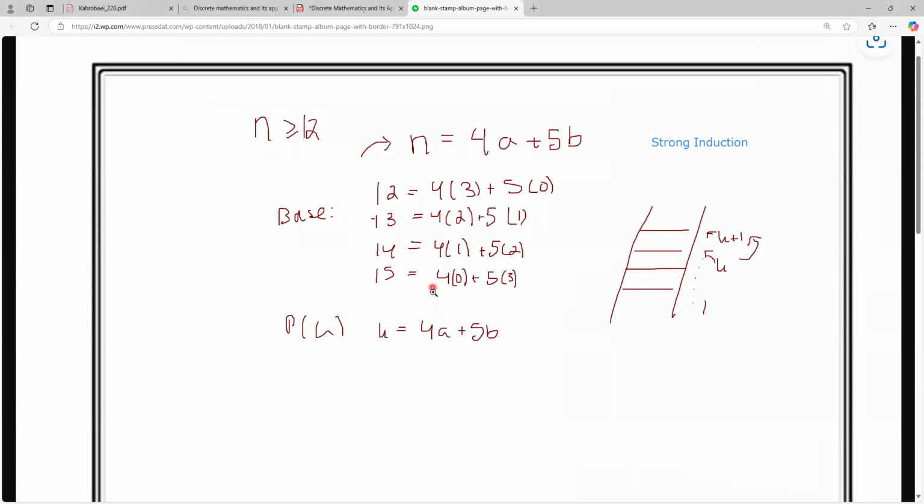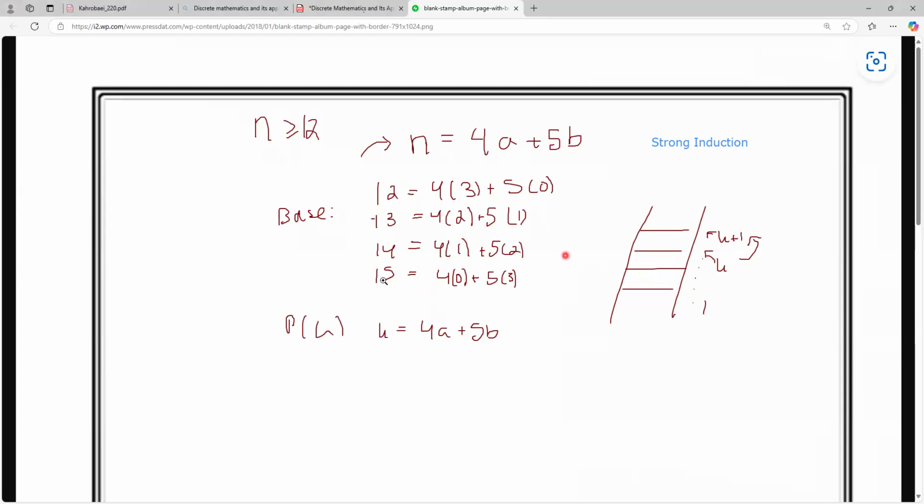Okay. And now we want to show that k plus 1 is also equal to 4 times a plus 5 times b.